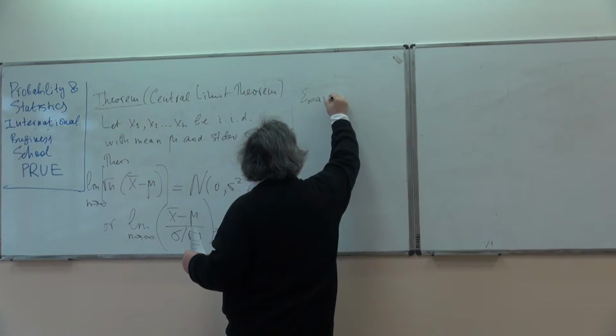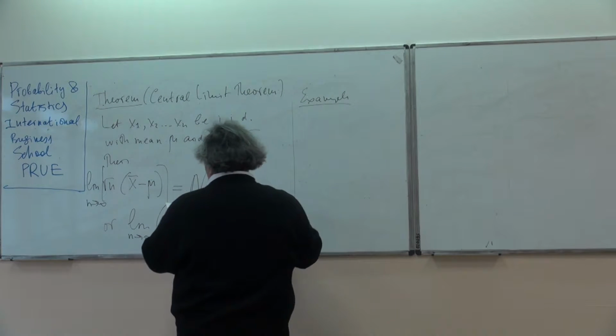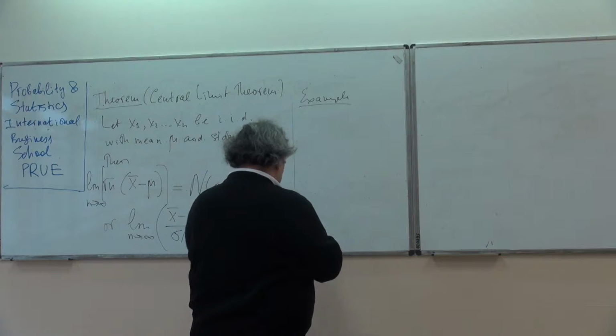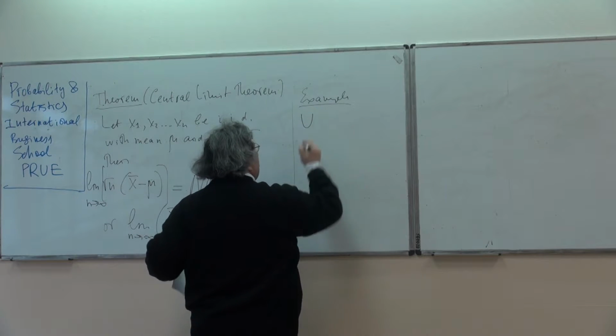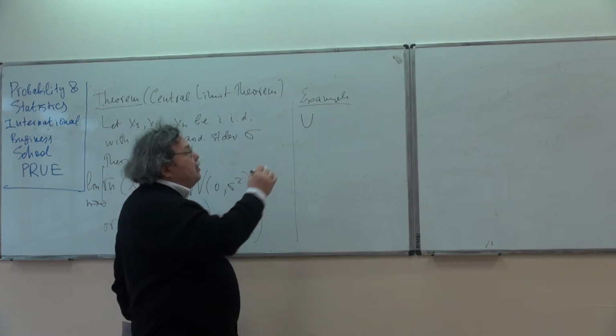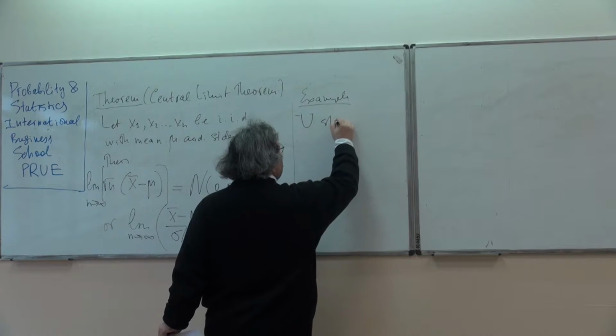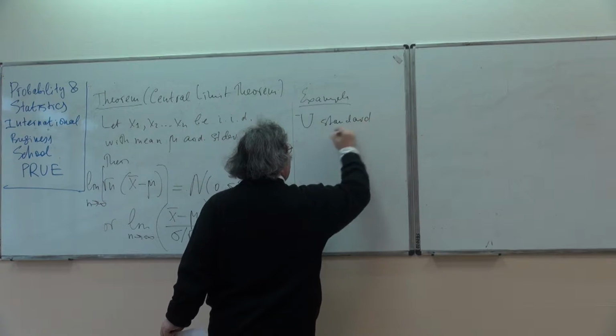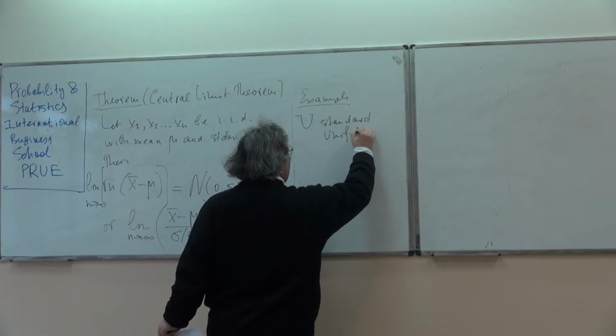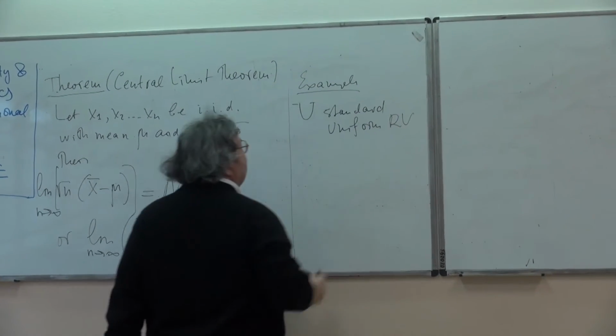Example. Well, U, I think we use this notation for the standard uniform random variable. Okay?